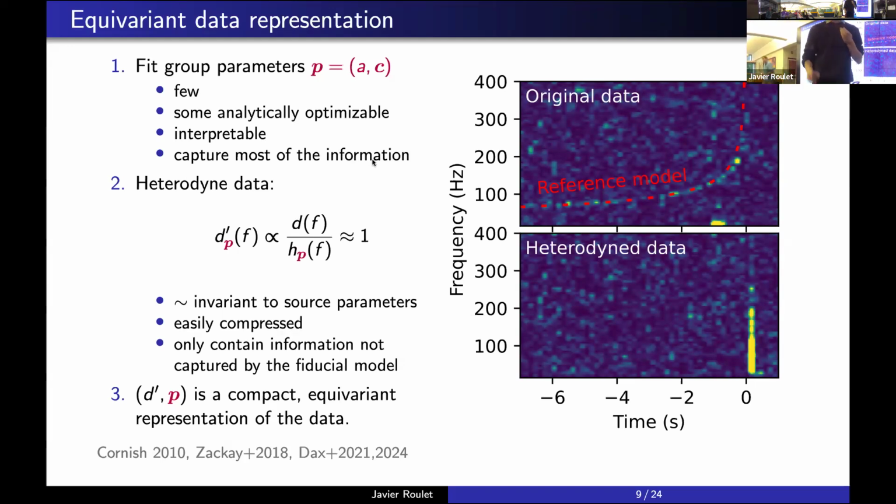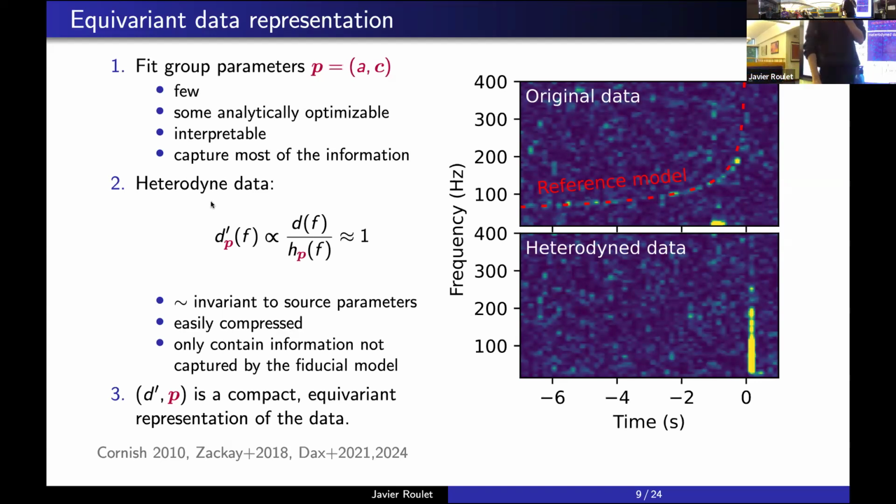And the idea is that this will capture most of the information that is in the signal, all the information that is captured by this simple model. And what is left should be the perturbations that we didn't include. Think effect of misaligned spins that make the orbit precess, or details like this.